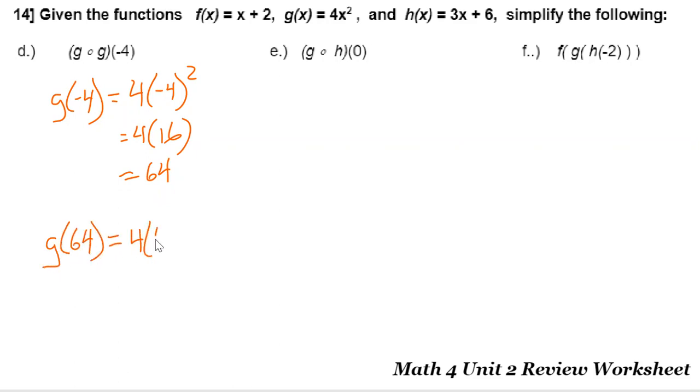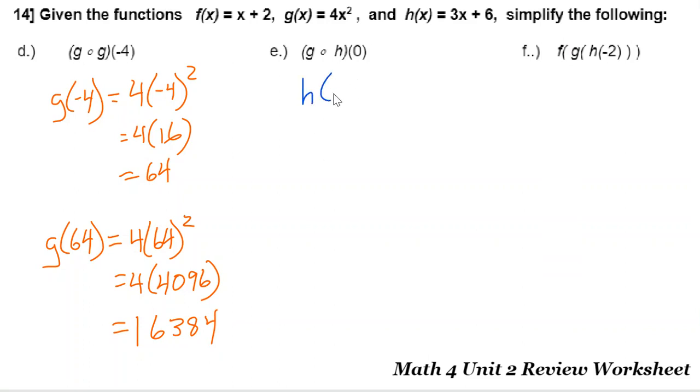This time it is 4 times 64 squared, which is 4 times 4,096, which is 16,384. Okay.